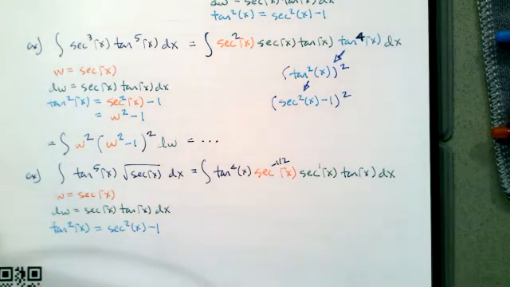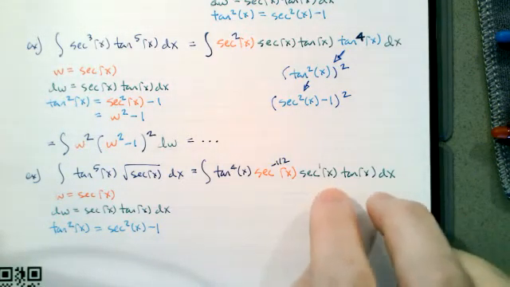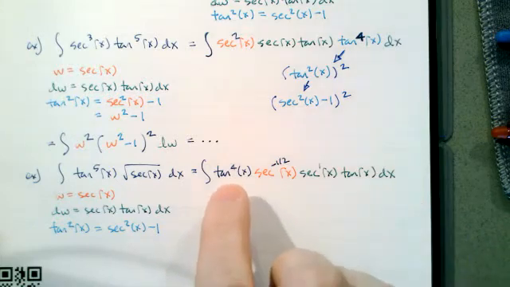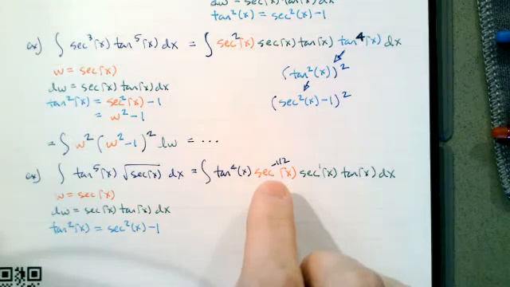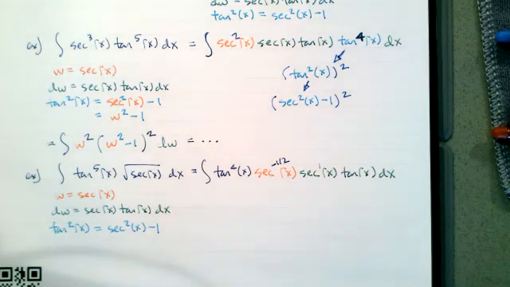So now I've got everything accounted for. I've got a secant x tangent x dx to be the dw. I've got an even power of tangents that we can convert, and this part is just going to show up as a w to the negative 1/2.